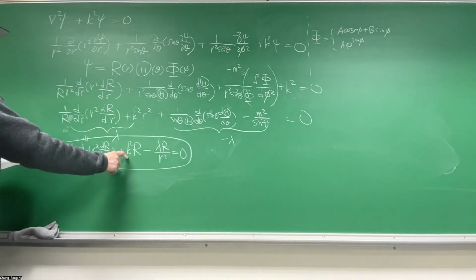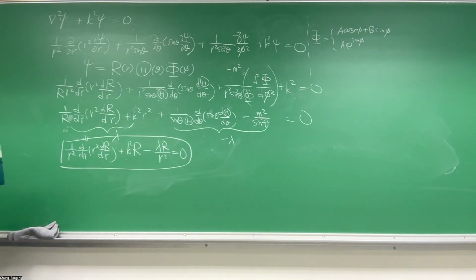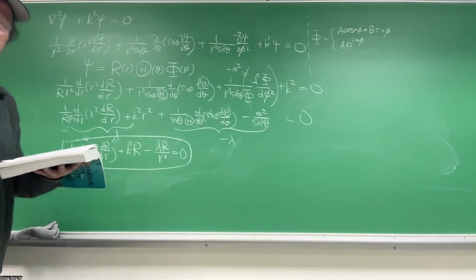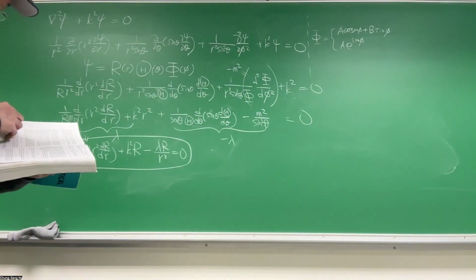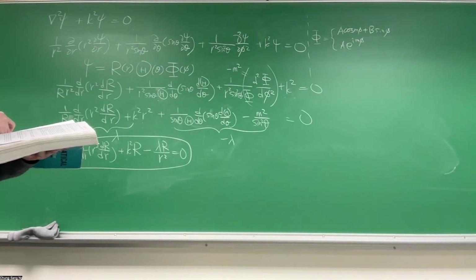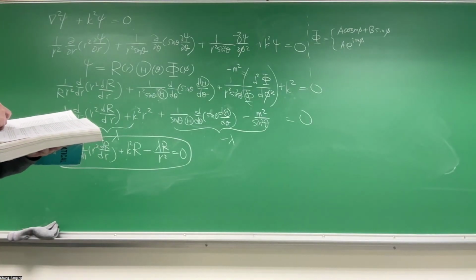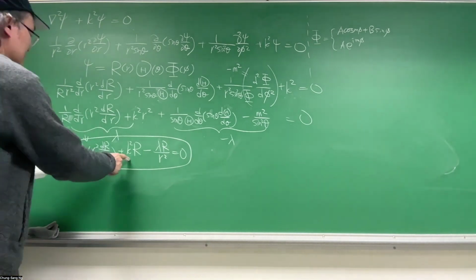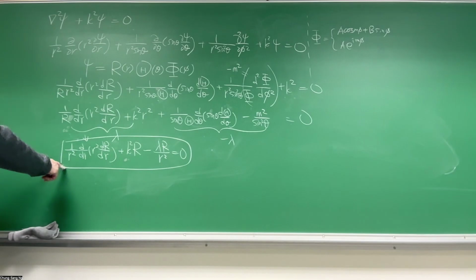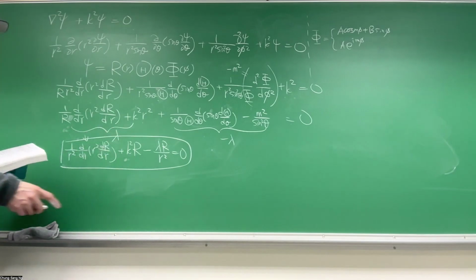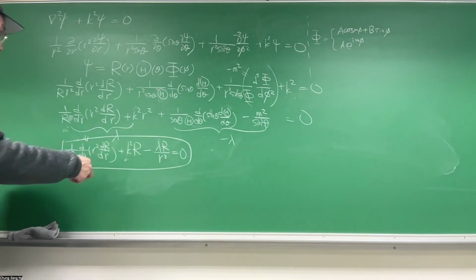And there's a choice of k squared. So far, we consider k squared just constant, but you can generalize that to a more general form. I think your textbook put in the form, so you can generalize it to other forms. So the exact radial equation can be more complicated than just this one.